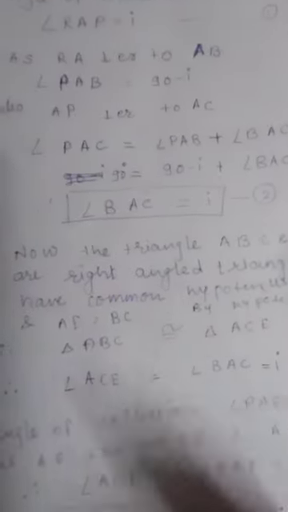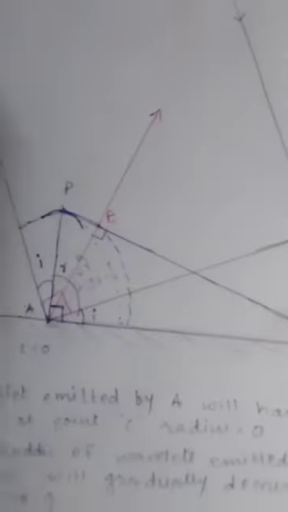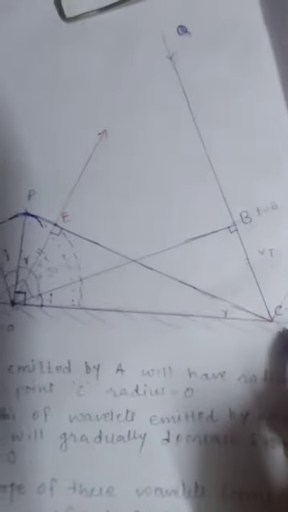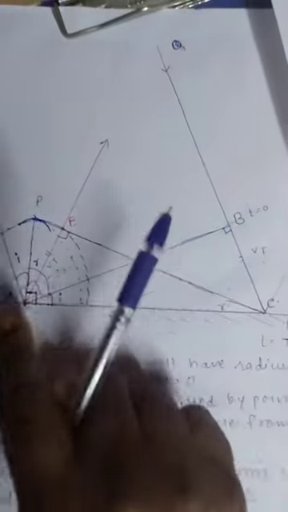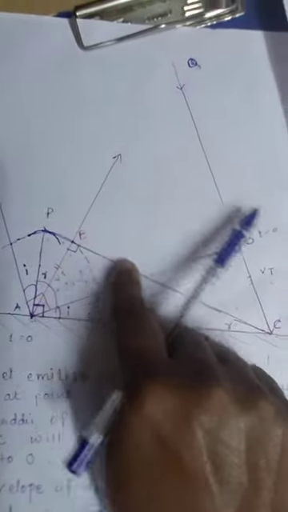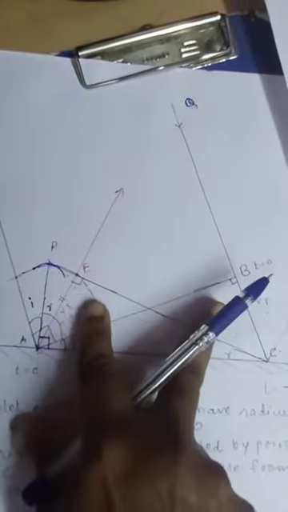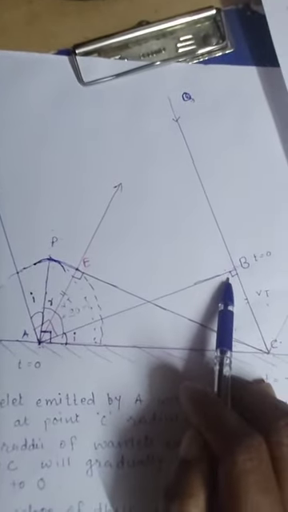Now let us consider the two triangles ABC and AEC. Coming again to the diagram, in these two triangles ABC and AEC, this angle E and this angle B are 90 degree.